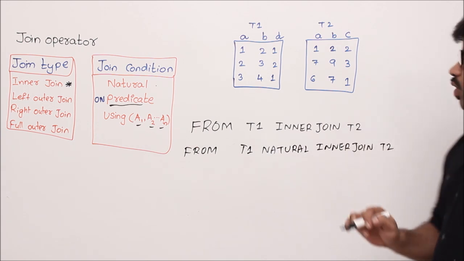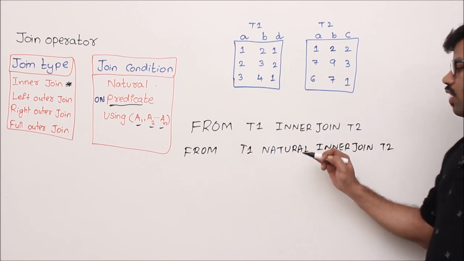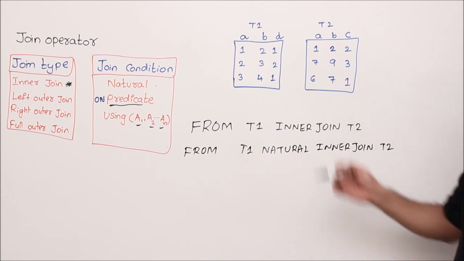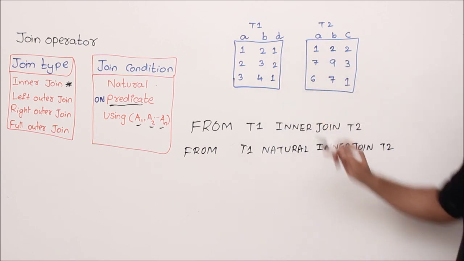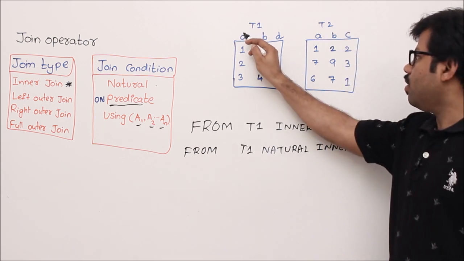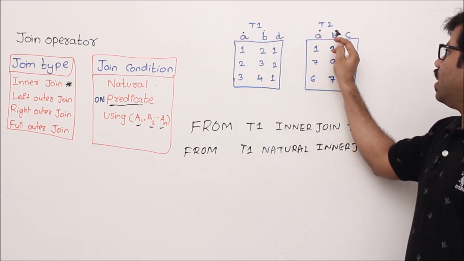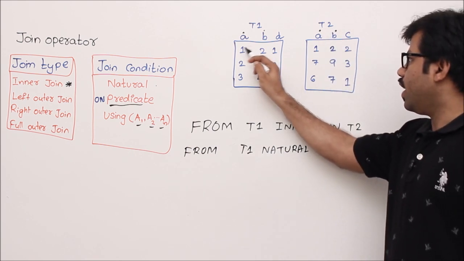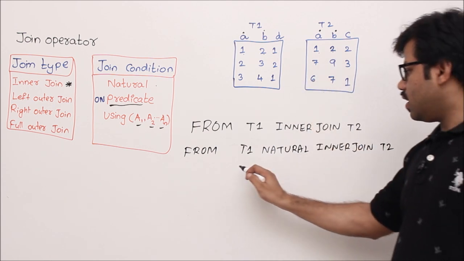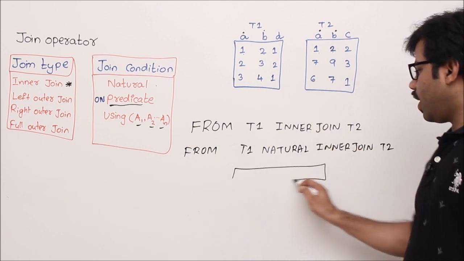If you write like this, a natural join will occur. You know what a natural join is in relational algebra; the same thing will happen. For example, you have T1 and T2, then all the common columns will be equated. Here A comma B are the common columns. They will be equated. The A, B values here in this tuple are 1, 2, and here also 1, 2. Then the result will be like this. I am writing the output if you write like this.